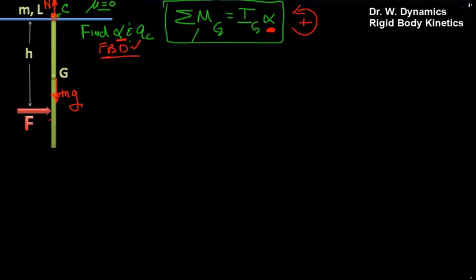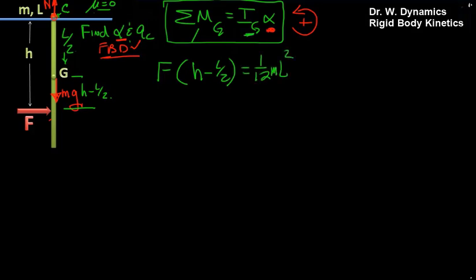So from here, our moment will have F times, now the distance from G to F is going to be h minus L on 2. So we'll get F times (h minus L on 2) is equal to I_G, 1/12 m L squared, alpha. And with that, we can find alpha. So alpha will be 12F on m L squared, times (h minus L on 2).